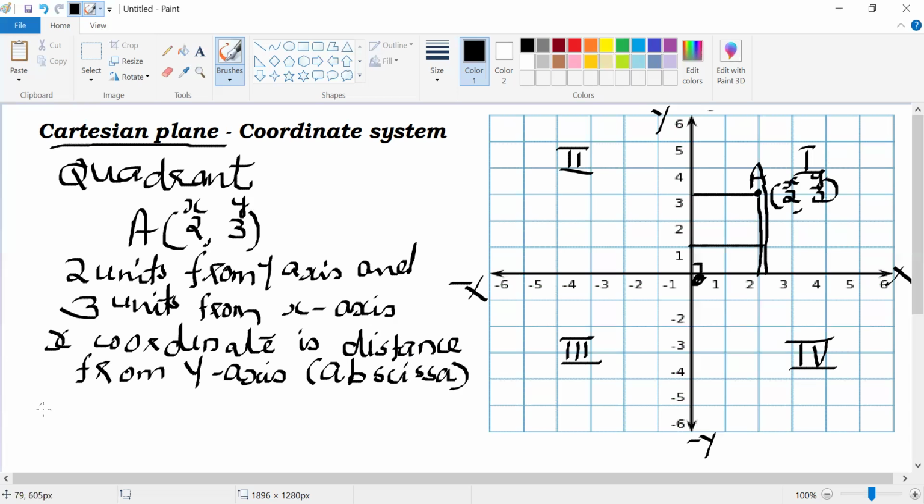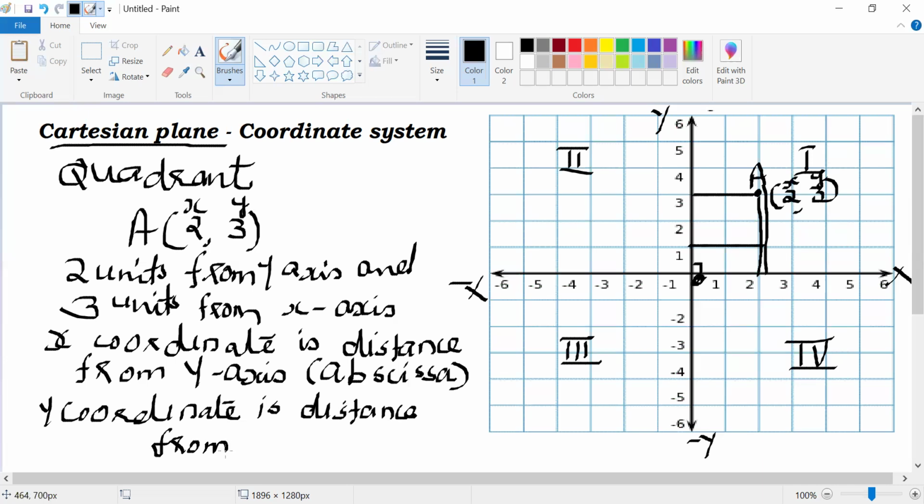And the y coordinate is the distance of a point from the x-axis.